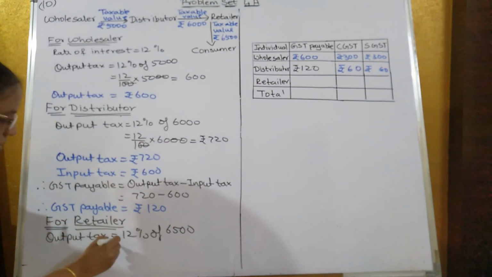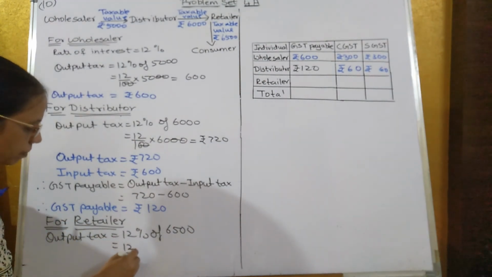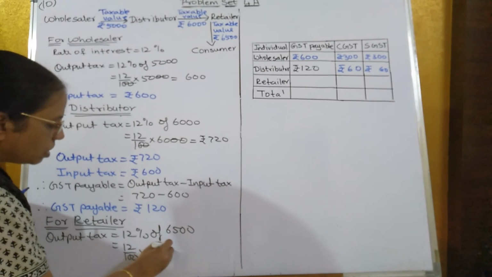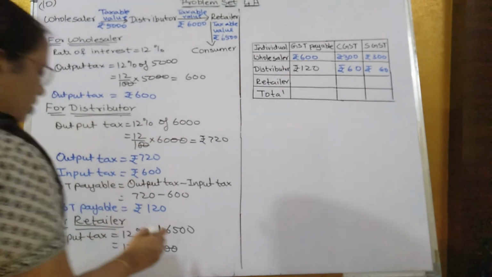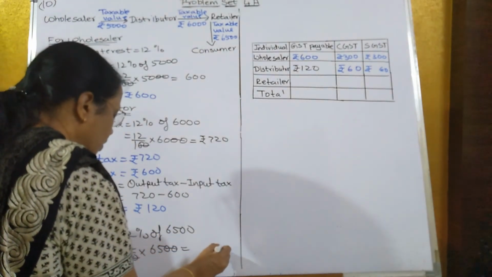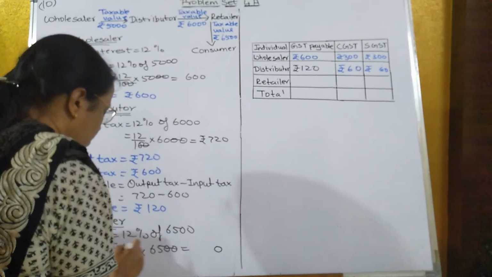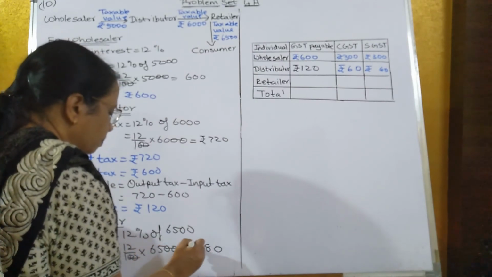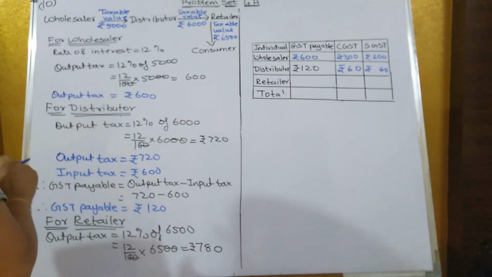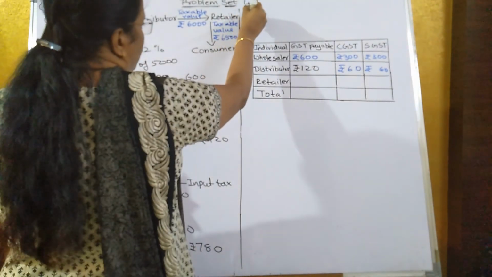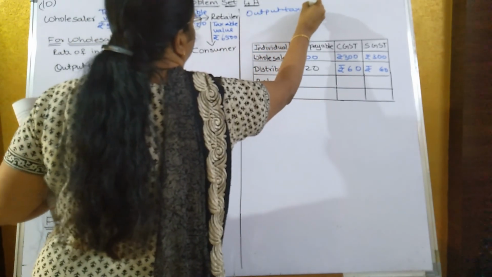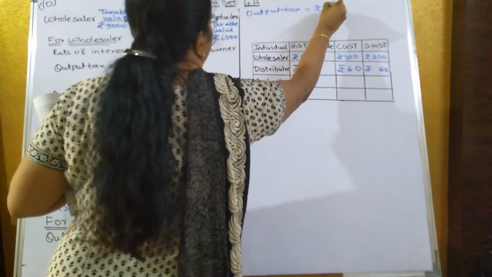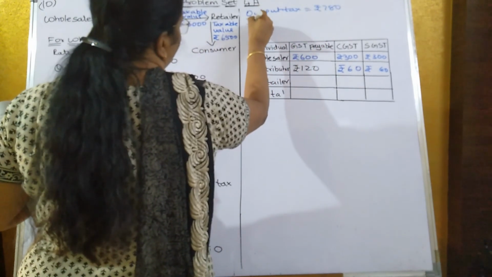So that is equal to 12 upon 100 into 6,500. 0 and 0 will get cancelled. So what you will get after multiplying this? That's equal to 780. So output tax is rupees 780, and input tax is equal to how much?